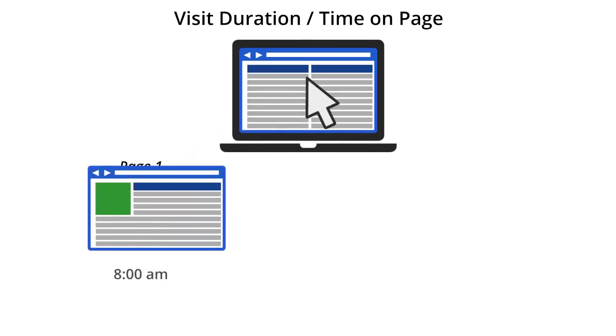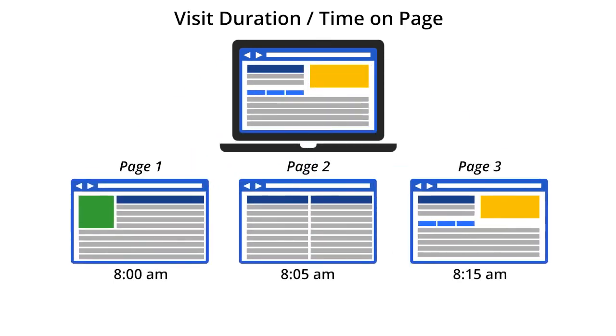It's important to keep in mind that all of the time-based metrics in Google Analytics rely on the stream of user activity, or hits, to be calculated properly. Google Analytics keeps track of when each interaction happened in order to calculate time metrics. For example, to calculate the metric visit duration, Google Analytics subtracts the time of the user's first interaction on your site from the time of the last interaction.